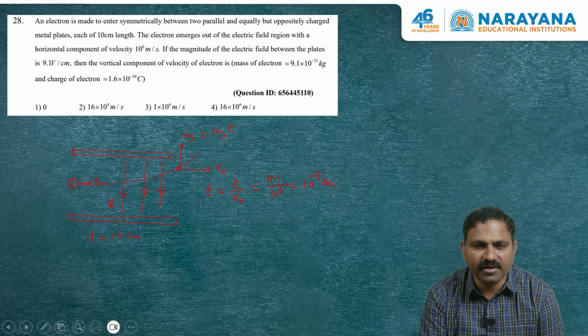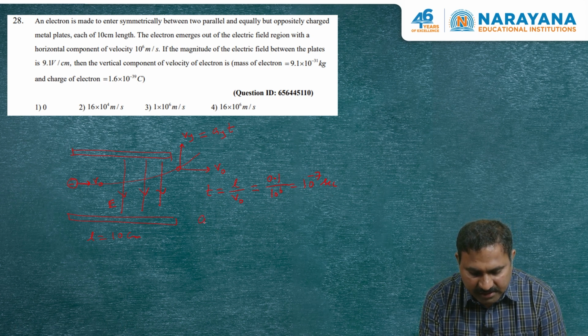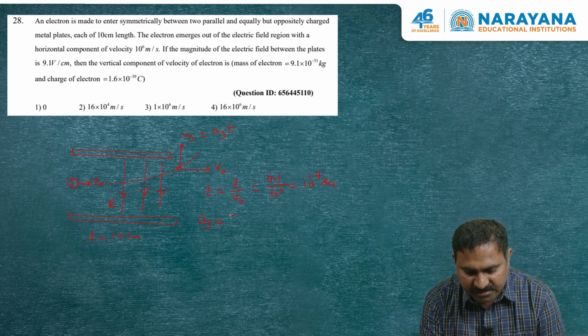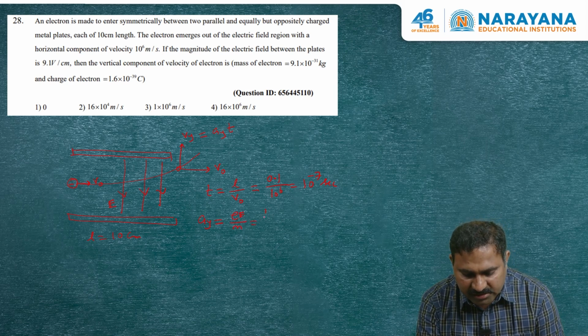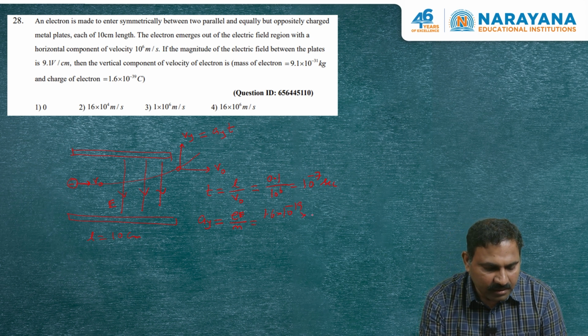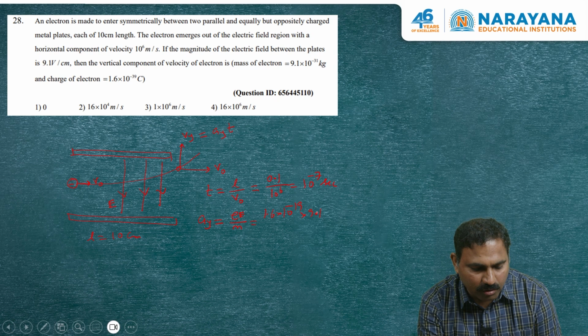During this time interval, the y component of velocity acquired should be calculated. So, let us find the y component of acceleration. This is, magnitude wise, eE by m. Charge of electron is 1.6 into 10 power minus 19, and the electric field strength between the plates is given as 9.1 volt per centimeter.